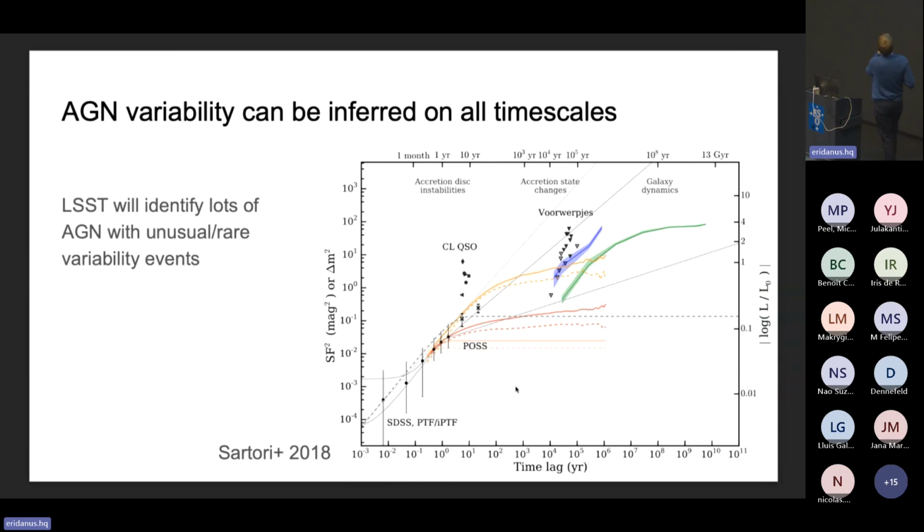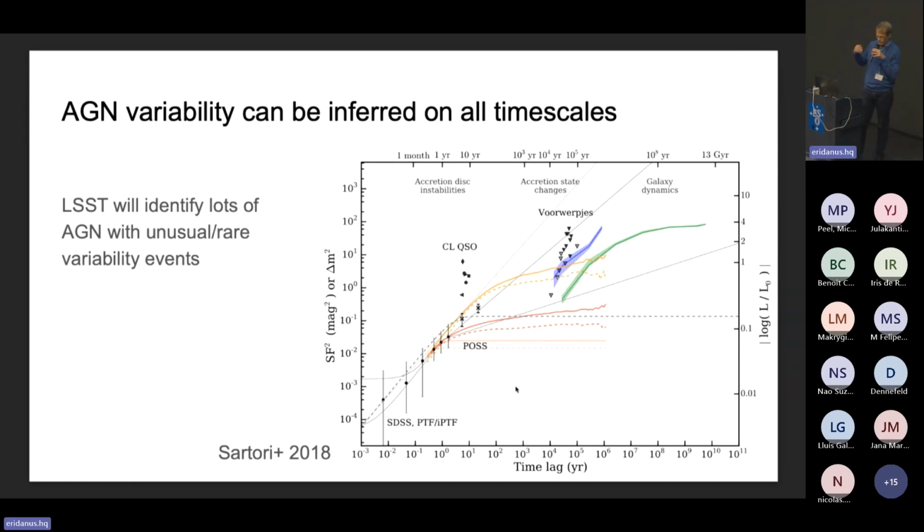So the black points are data from SDSS, Stripe 82, and PTF, as it then was. So effectively, you wait a little bit of time, it varies a little bit. You wait a bit longer, it varies a bit more. You can see this trend of, as you go up to years of timescales, the typical variability, the average variability in an average object increases.